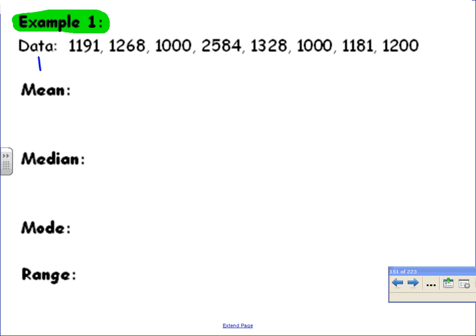So we have 1,000 is the smallest, and there's two of them. So I want you guys to write down 1,000, 1,000, and cross off as we're putting them in order. That way you don't make a mistake. You should be with us, writing them in order from least to greatest. Second number is 1,081, 1,181, sorry. Next one is 1,191.